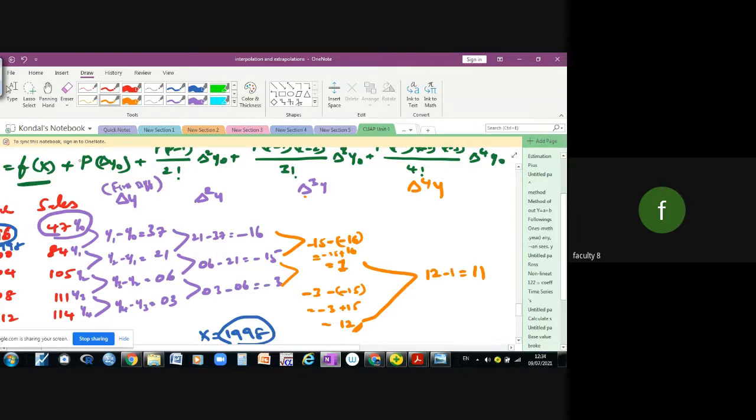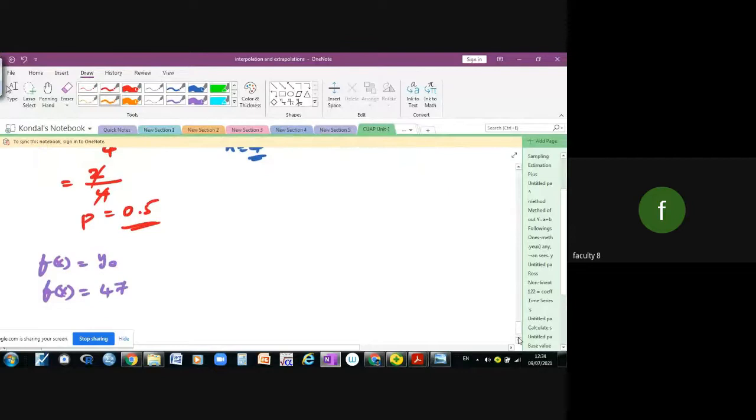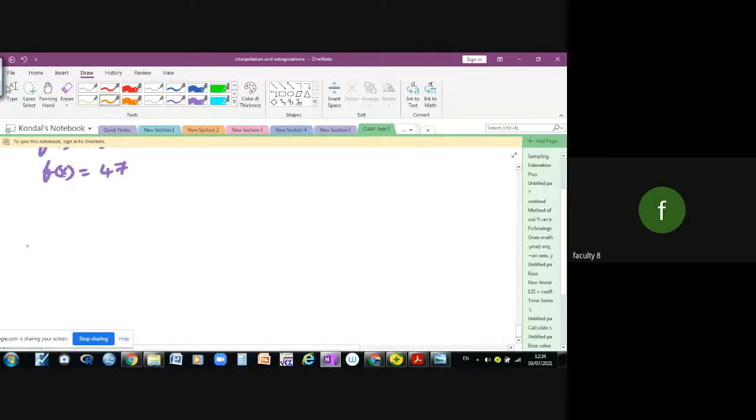Again, I'm going to write this formula below. x is equal to y0 plus P into delta y0 plus P into P minus 1 divided by 2 factorial into delta 2 y0.